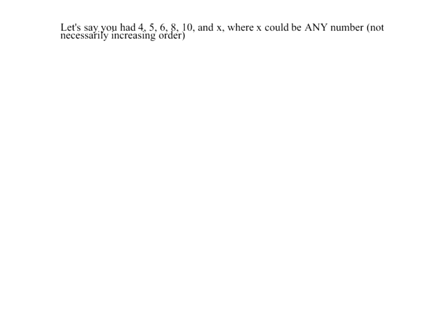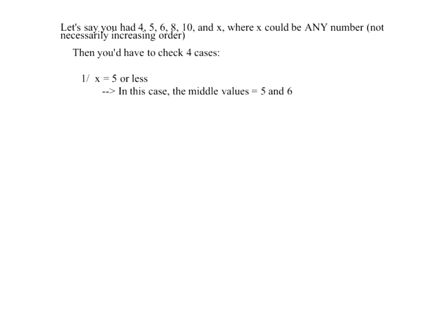Well, then you would have to break it into 4 cases. Case 1 is x is anything that is 5 or less. In this case, the middle values are 5 and 6, so your median would be 5.5.